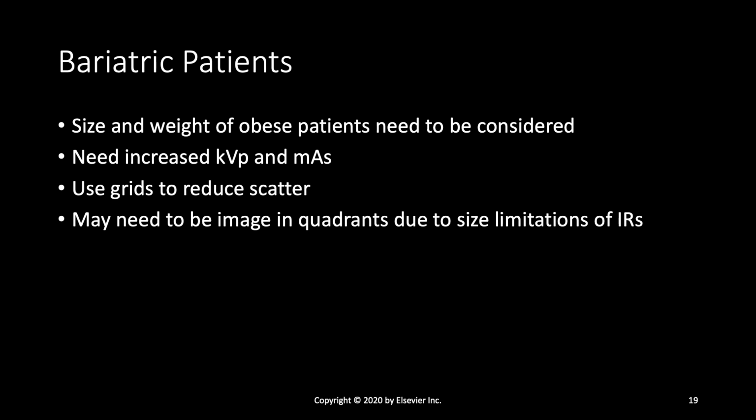So let's just say our patient is large. They're a bariatric patient, and you need to do a KUB. Well, you're not going to get a KUB in one picture. So you might need to do quadrants. You might need to take a 14 by 17 of the right upper quadrant, then the right lower quadrant, then the left upper and left lower.